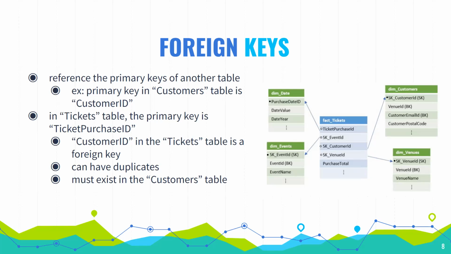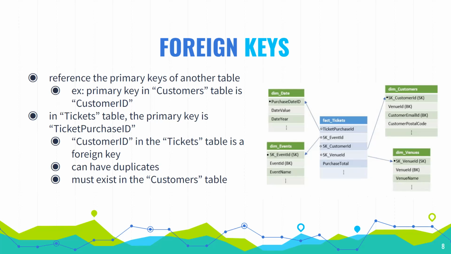So foreign keys help link data from one table to another. As you can see from the example, ticket purchase ID is a foreign key that's linked to purchase date ID under the dim date table, and so on. Foreign keys could also be the primary key for that table.